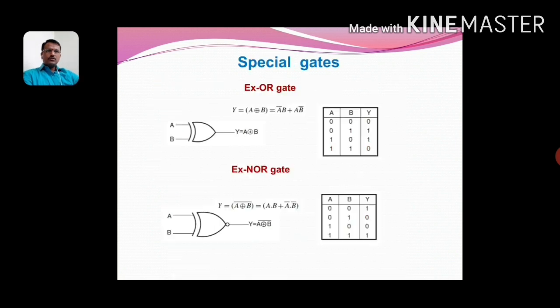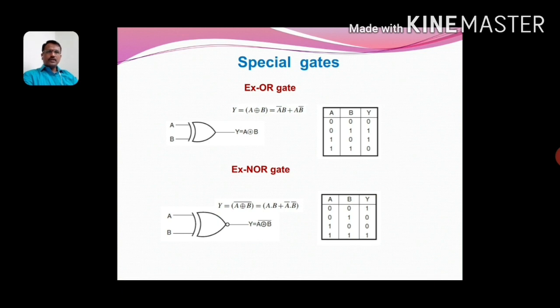And after that there are two special gates, exclusive OR and exclusive NOR. Exclusive OR gate is a special gate whose output will be high if inputs are dissimilar or unlike. So from the truth table we can observe that when inputs are dissimilar, output is high, and when inputs are similar, output is low.